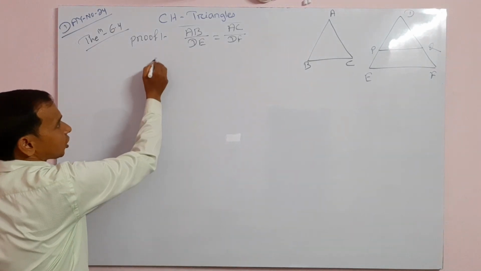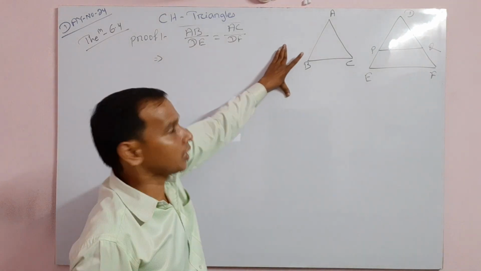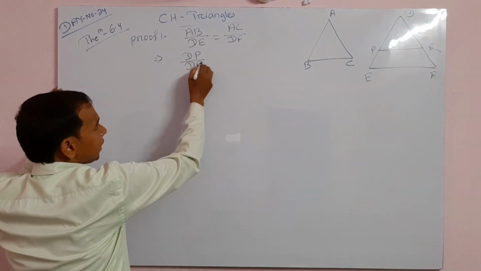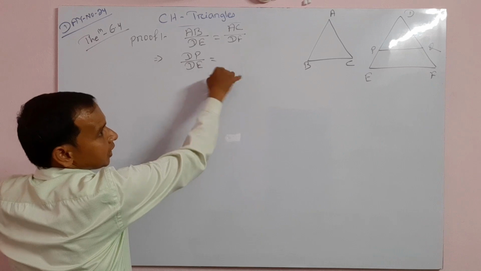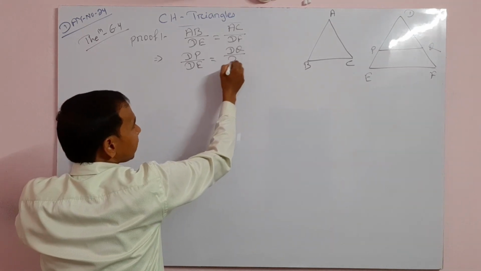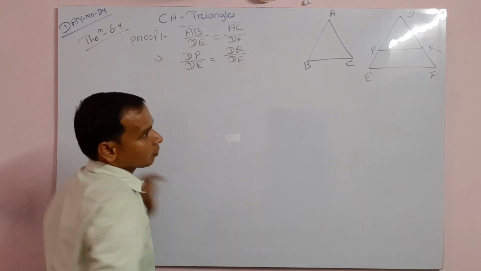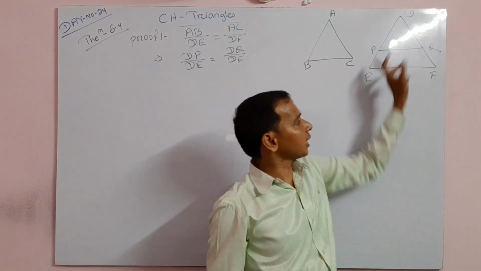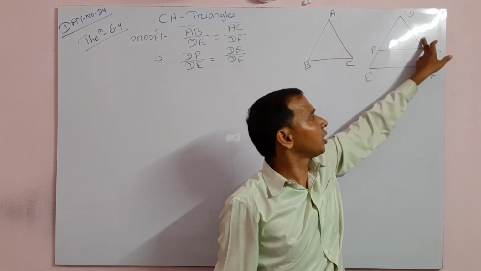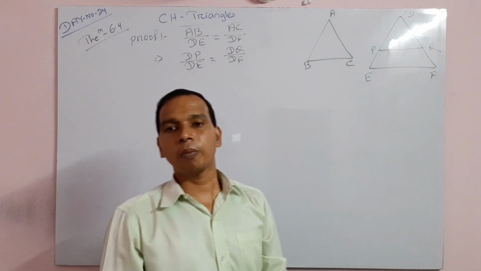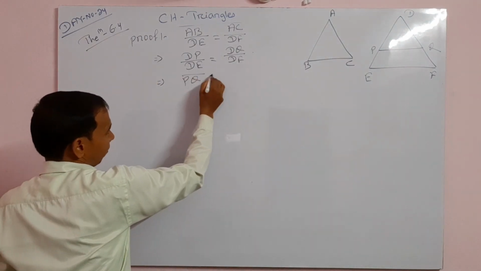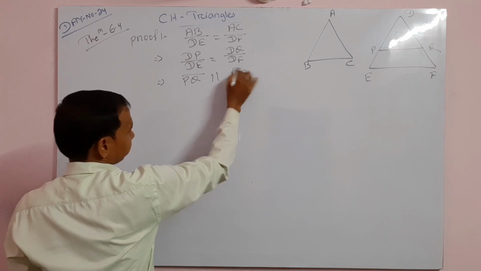But by construction AB is equal to DP, so in place of AB you write DP: DP by DE is equal to AC by DF. AC is equal to DQ, so DQ by DF. Mark here, in triangle DEF, DP by DE equal to DQ by DF. So by reverse Thales theorem, PQ is parallel to EF.